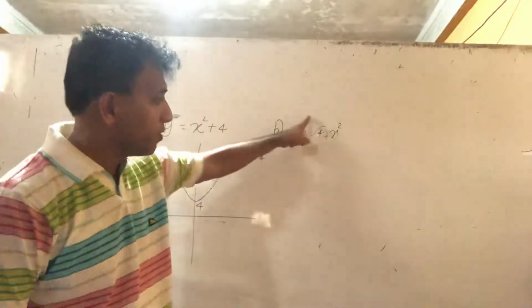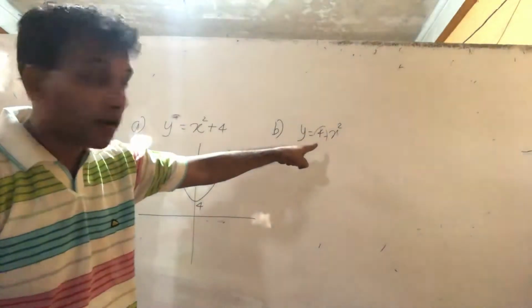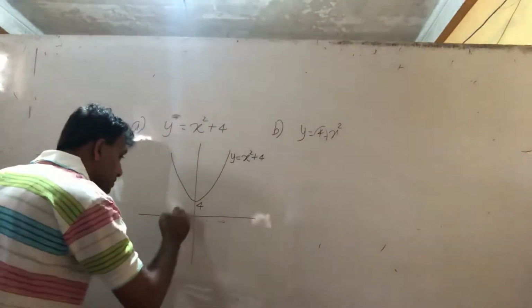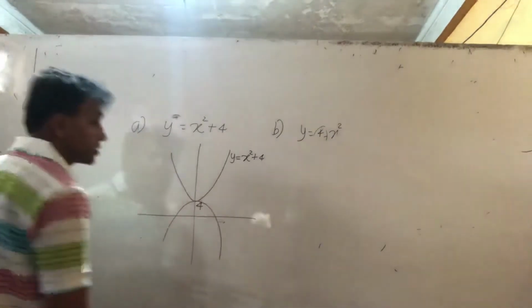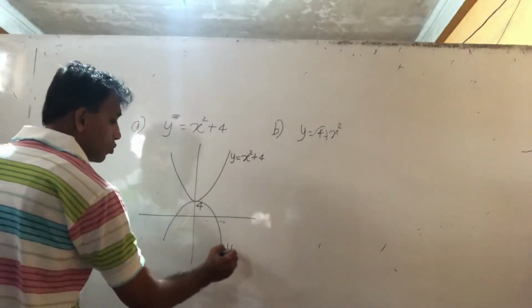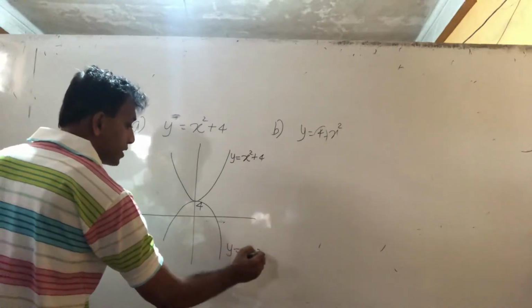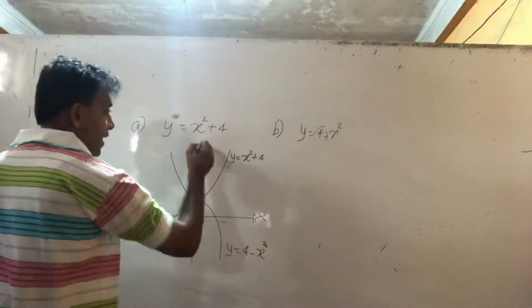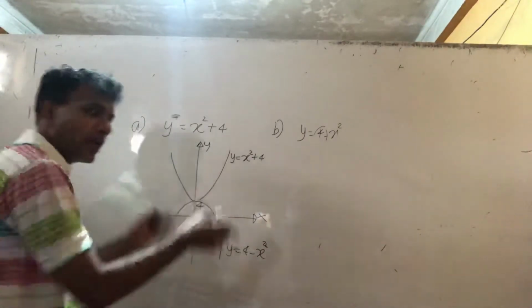How is this graph? We said this is a maximum graph. Maximum is 4. It becomes like this. See? Y equal 4 minus x square. So you can draw like this also.